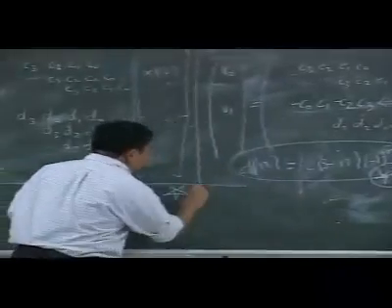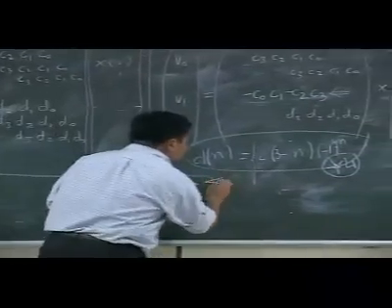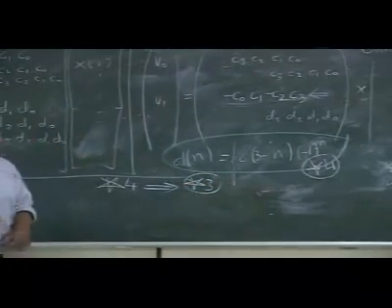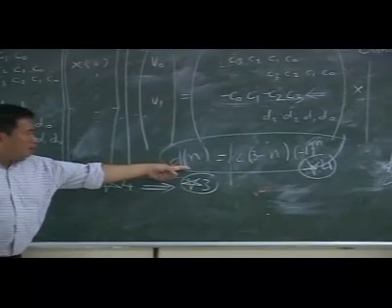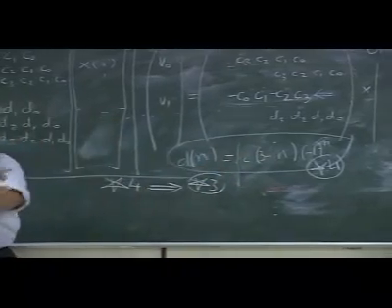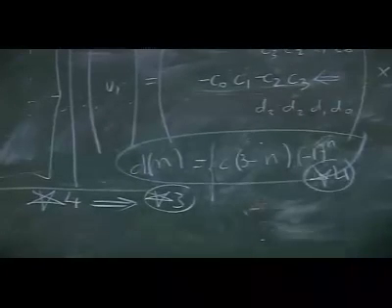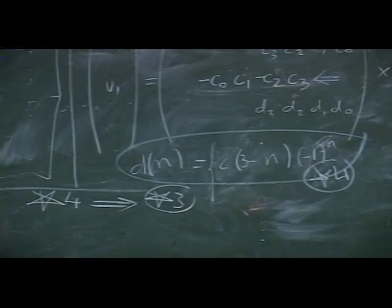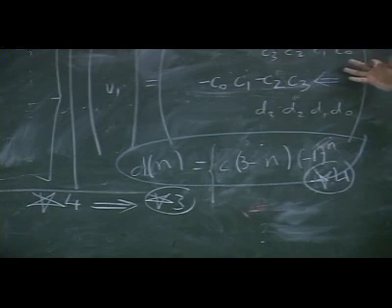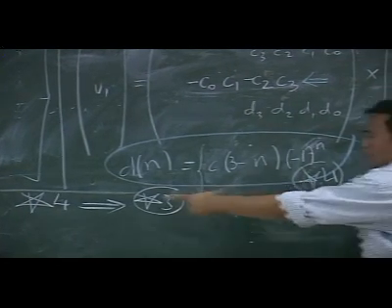Star 4 will take care of star 3, right? You can show that if I choose star 4, relating D with C this way, one is the triplet, the other one is frequency, then we'll show that this is guaranteed for this example, and you can show it in general.